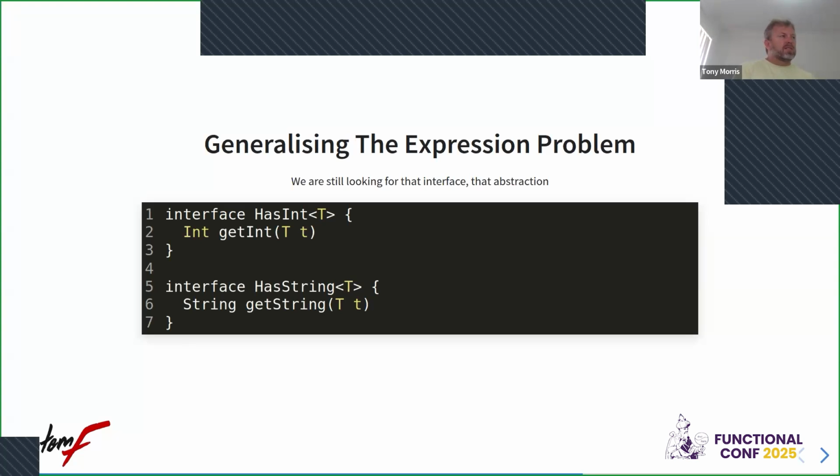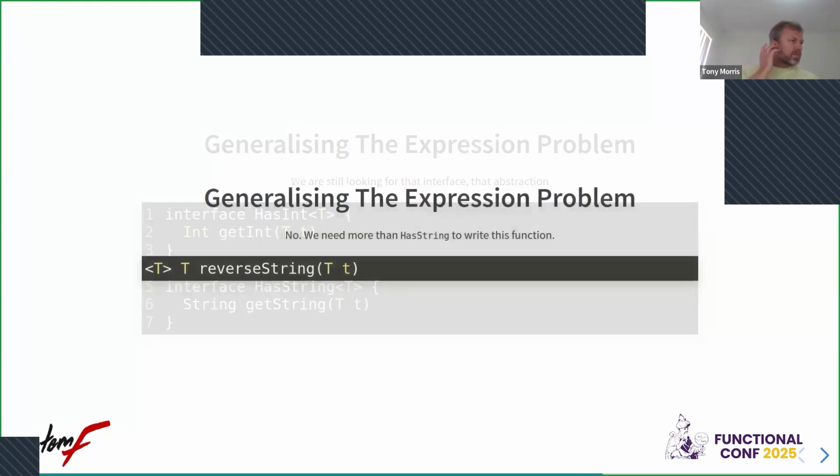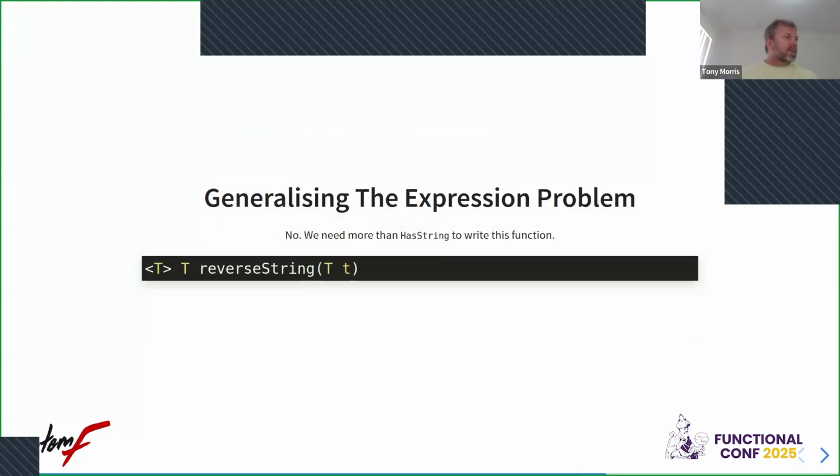And I think that's a good first approximation, but it does have a problem. When it comes time to reversing a string, we need more than just getting the string. We also need to reverse it, construct a new person, and return that.